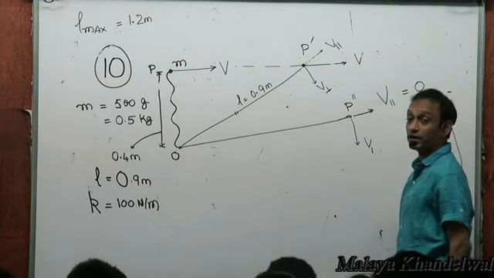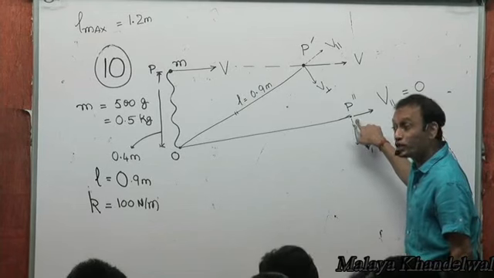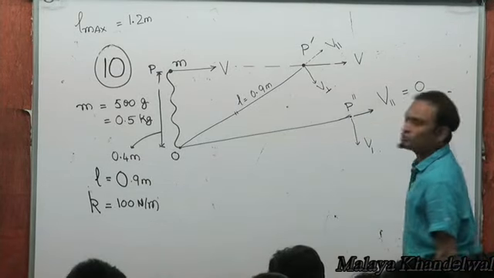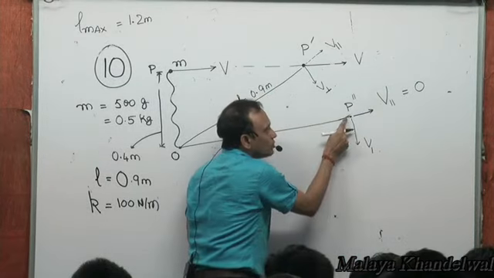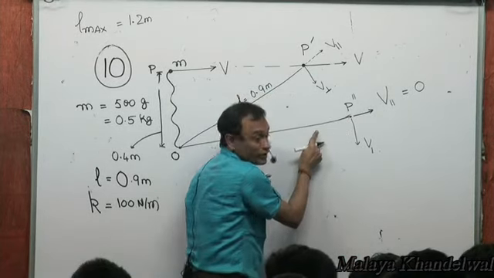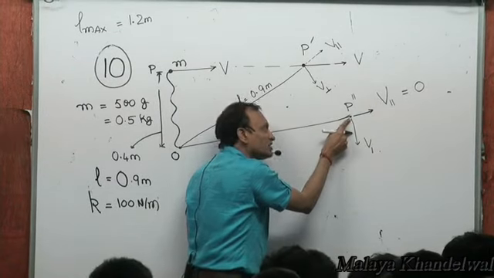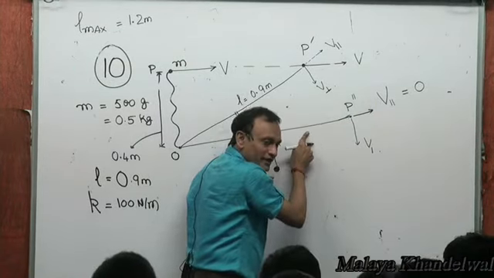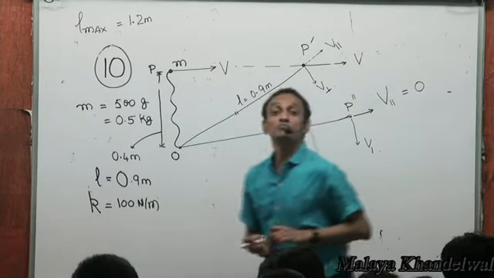V1 becomes the perpendicular component, right? But until this point, the length of the cord keeps growing. Now after this, what happens? Since this velocity is 0, this length will start to, no, it will not remain V1 always. There is this force in this direction. The length of this will go on decreasing. That means this is the point where the length attains its maximum value.